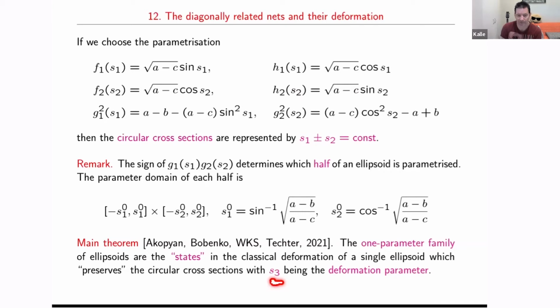So this one parameter family of scaled confocal ellipsoids is exactly the one parameter family that you get by deforming one ellipsoid and preserving the circular cross sections. So Milena, I think that probably answers your questions, doesn't it? Yeah, I think so. Thank you.